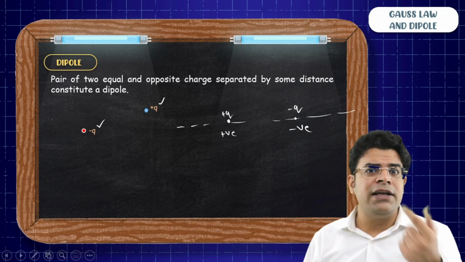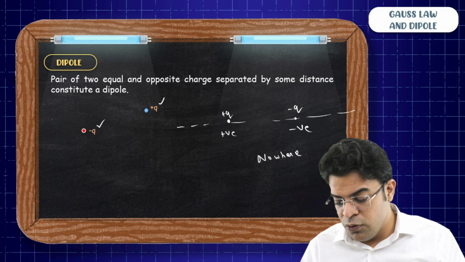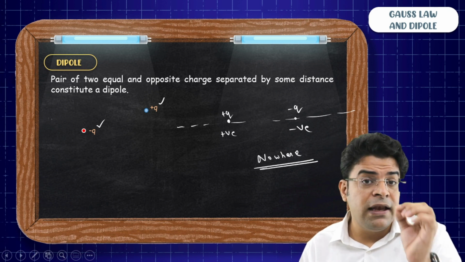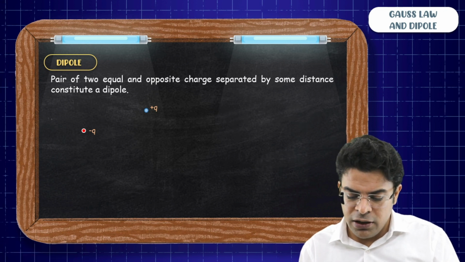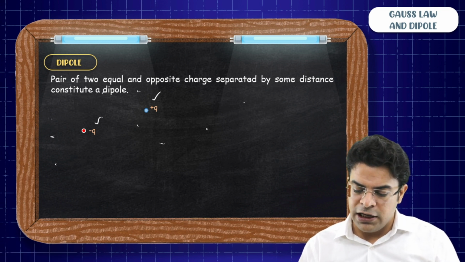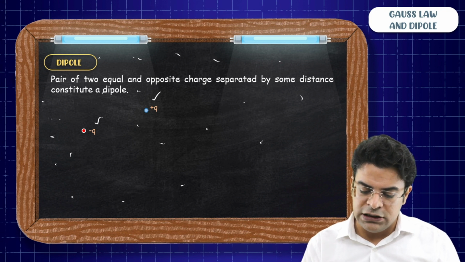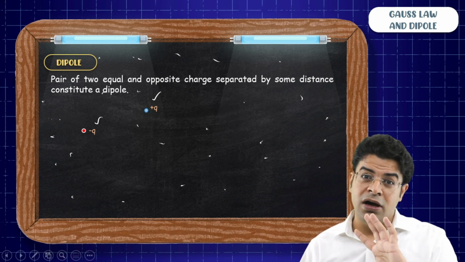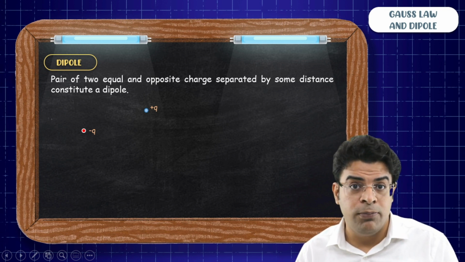So where do you find the null point? The answer is nowhere. You can't find a single point in space where the electric field due to a dipole is zero. So at every point in space, they will produce a net electric field. That's the second important point about dipole.